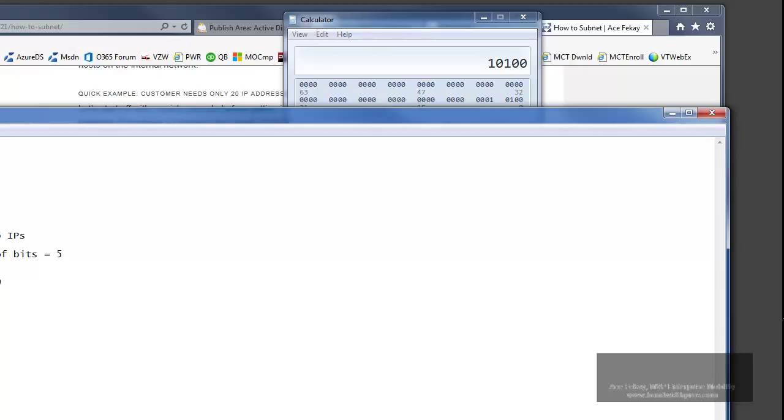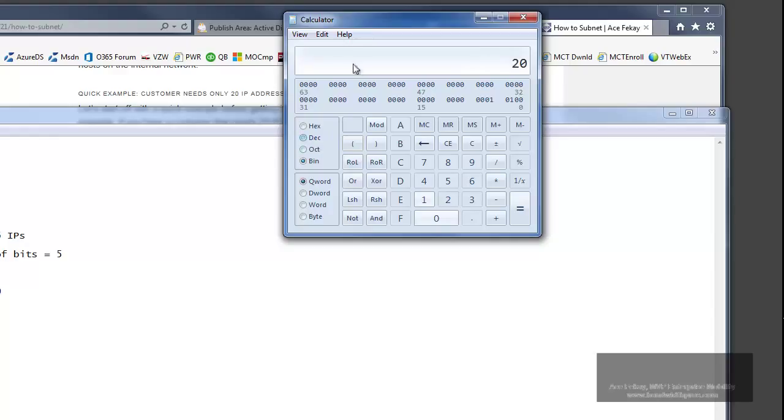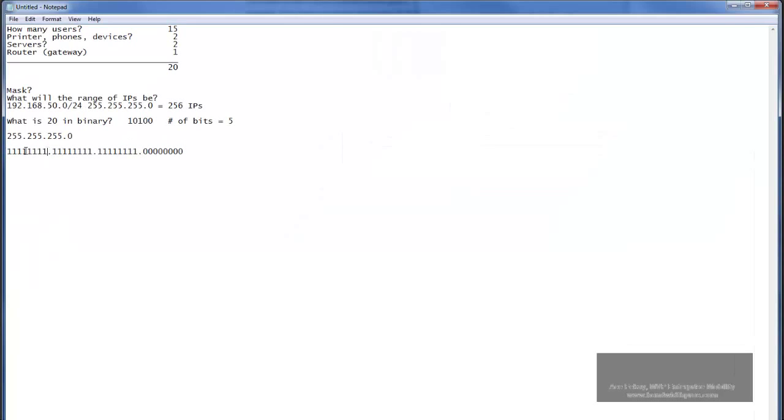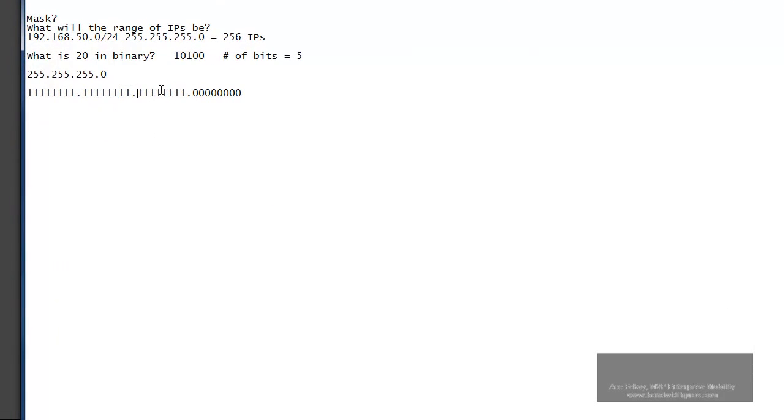If you put 255 in the calculator under decimal and hit binary, and this is the only reason I'm using the calculator, because I can do this quicker than typing it out or writing it out on a whiteboard if I'm teaching it, you can see it's 8 bits. So that's why you're looking at 255.255.255.0. I'm going to break this down and space this out.